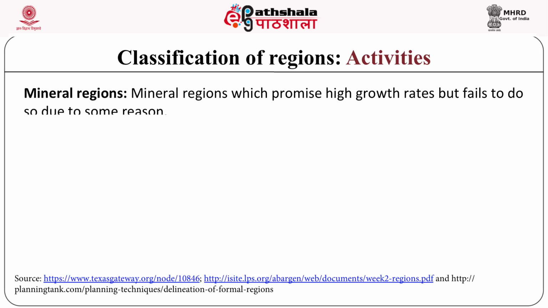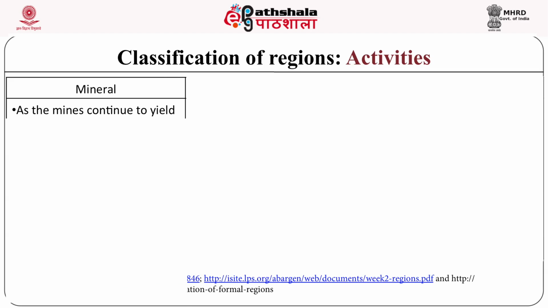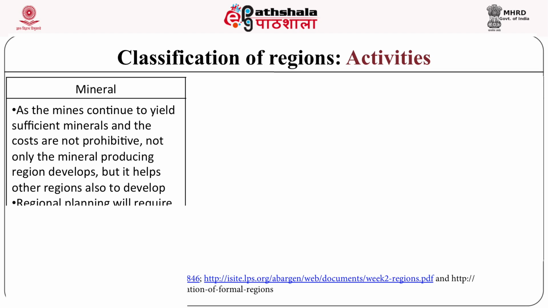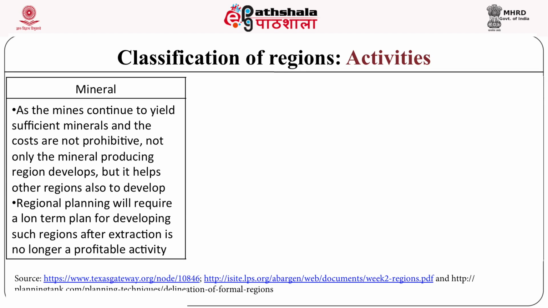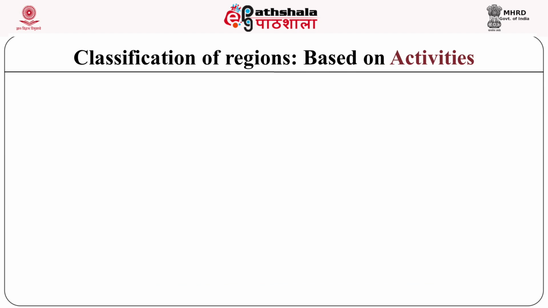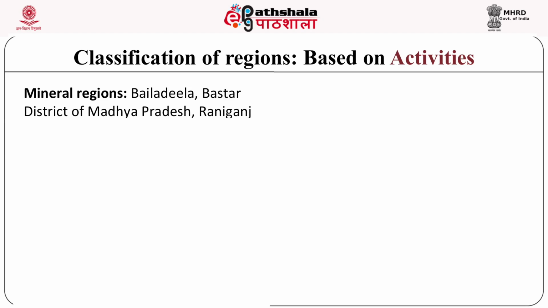Mineral regions are characterized by rich mineral resources, and they have potential for mineral exploitation. They can promote development in the surrounding regions also due to the presence of minerals. These regions also require long-term planning for sustainable development after extraction is no longer a profitable activity. As you can see, the Raniganj Jharia belt is a coal belt, or the Bastar district of Madhya Pradesh.